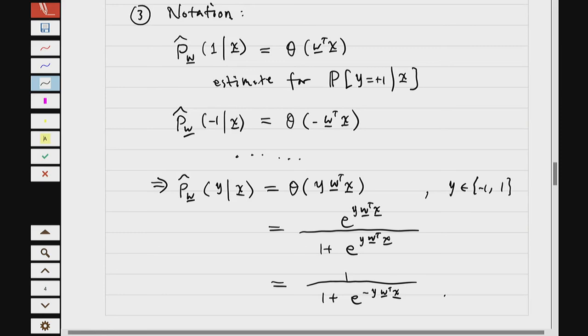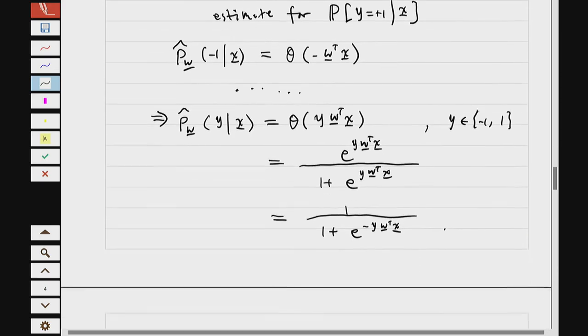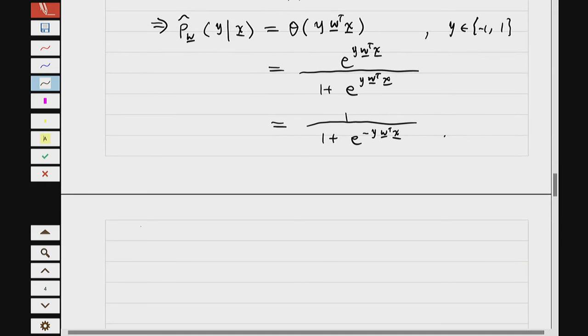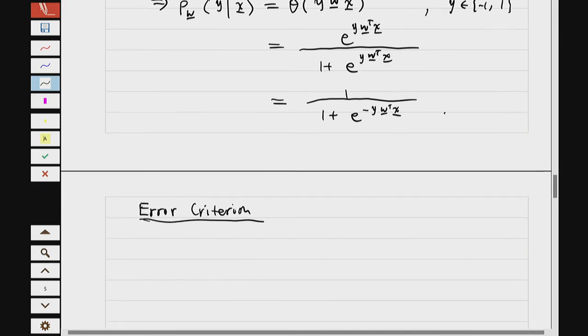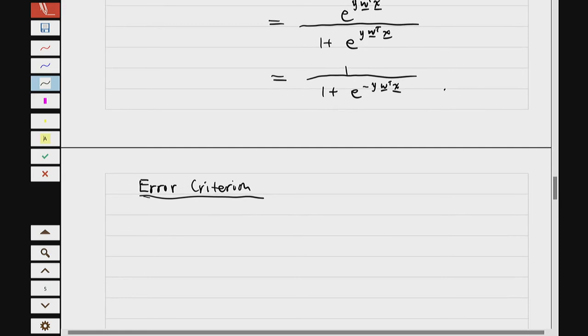So now we're done with our model, our hypothesis. What about the loss or the error function for this method? How do we define the error? Something that we have to optimize, the criterion for our optimization. So again, we have to define the error for each one of the sample points.